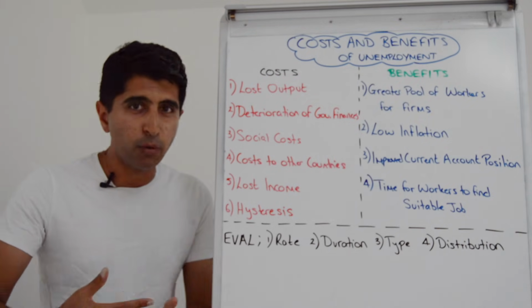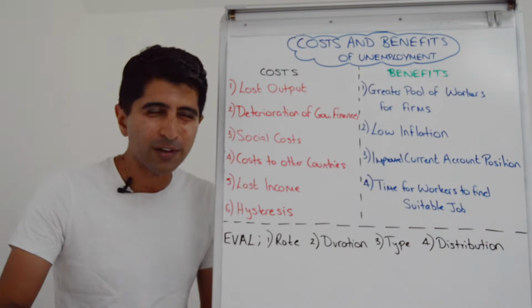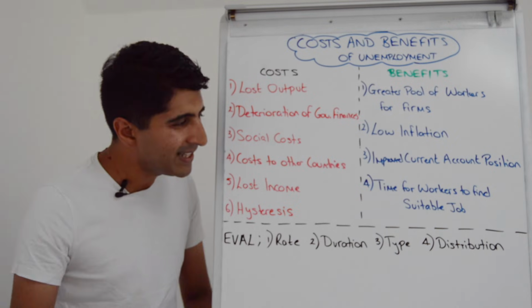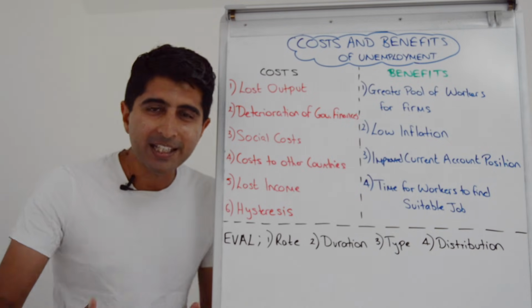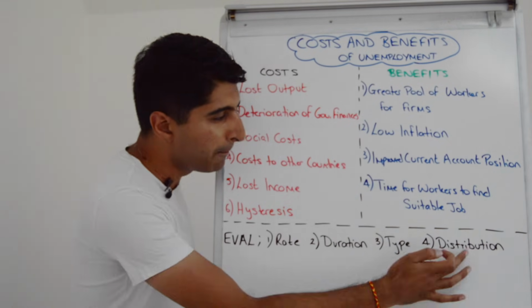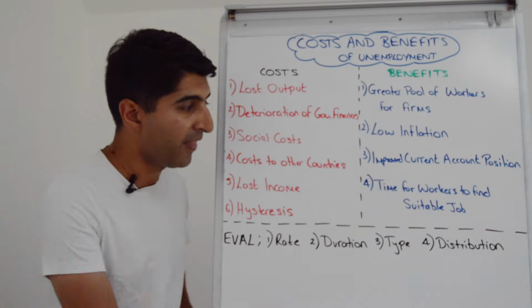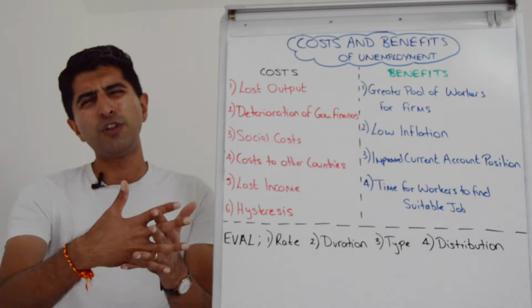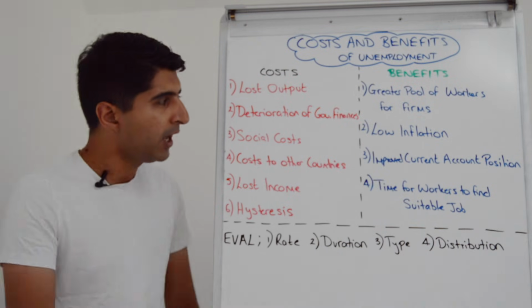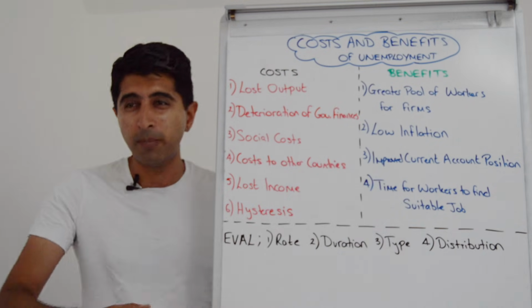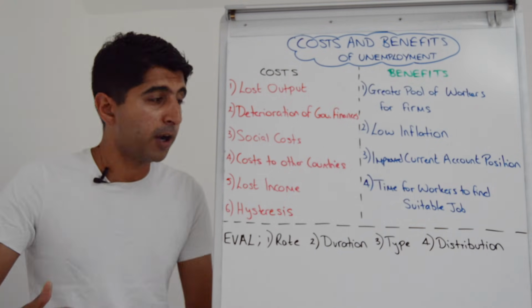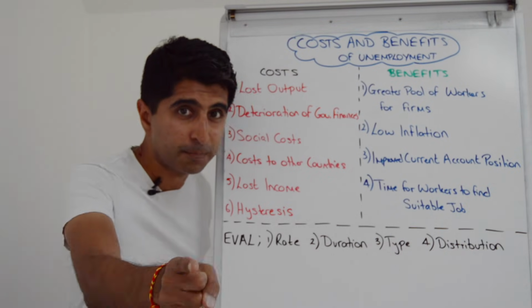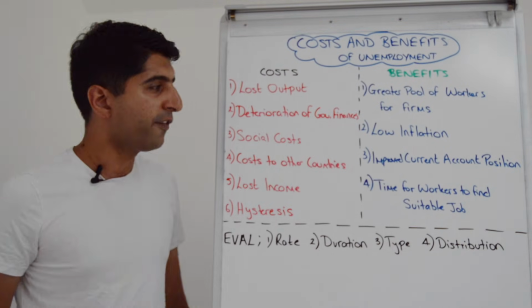So if they become unemployed, it's very easy for them to become de-skilled or for their skills to become outdated, for them to be outcompeted by new entrants into the workforce. They're at much greater risk of long-term unemployment and therefore a much greater risk of hysteresis, and therefore could be a huge drag on the economy if that occurs. Again, all of these major costs of unemployment become so much worse over a long period of time. So youth unemployment is especially concerning, very deadly for an economy.